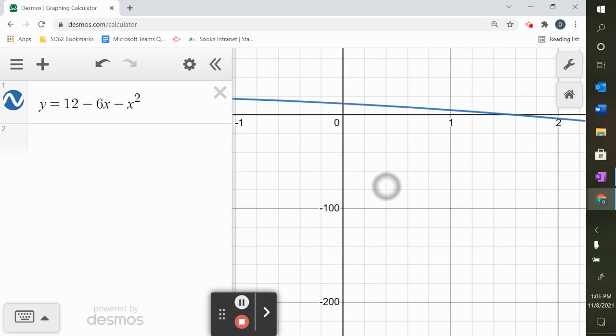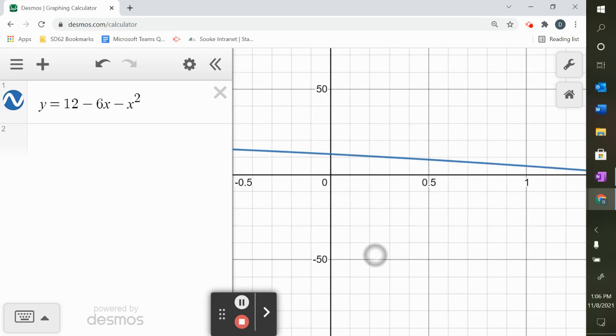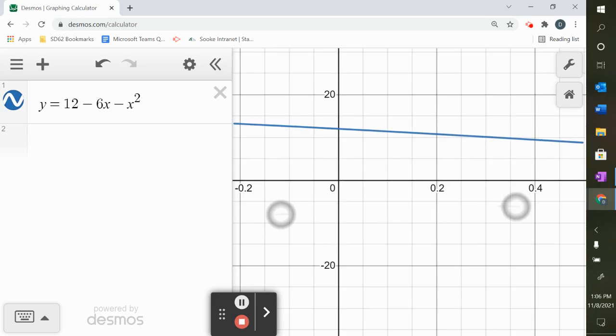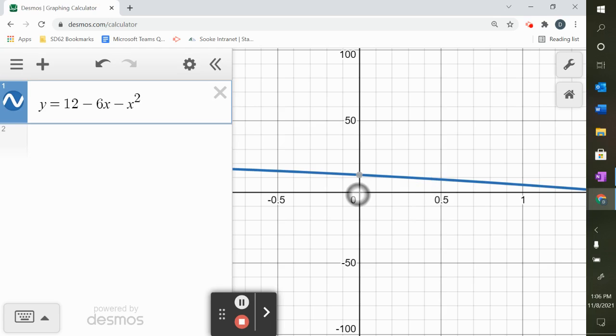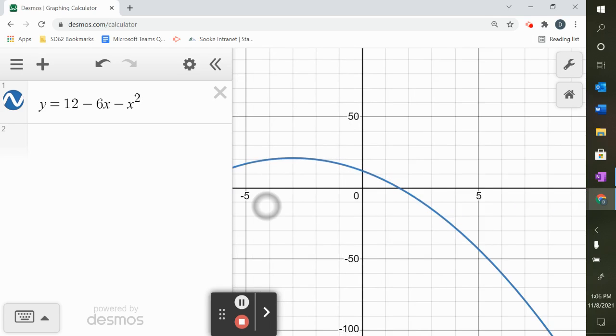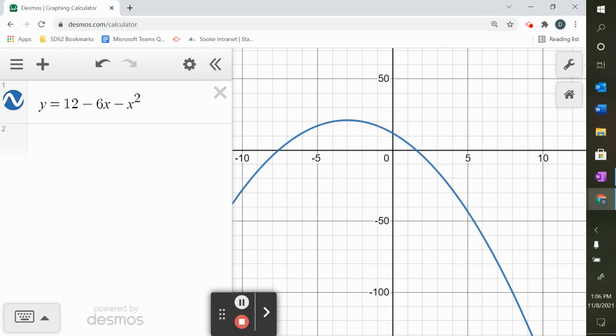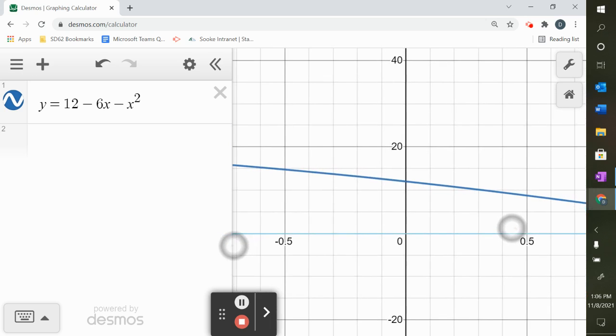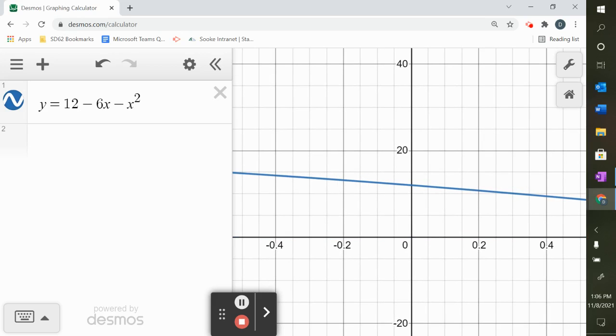How do I do x squared? Well, let's talk about this. There's a little button there for the squareds. Did people get something like this? Okay, zoom in. You're probably zoomed way out. Does yours look like that?